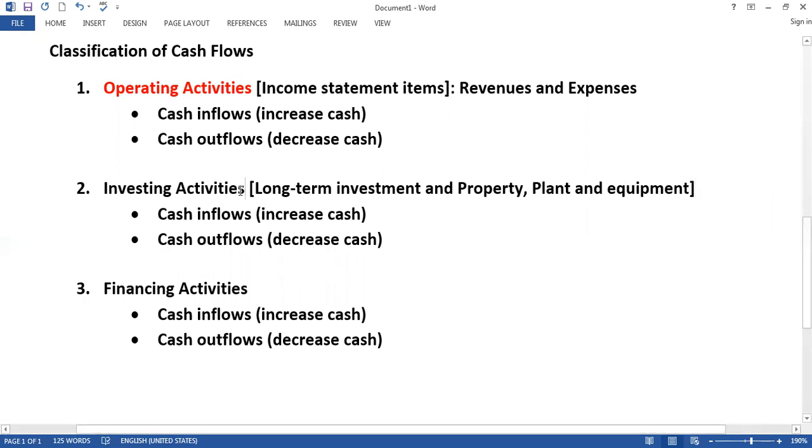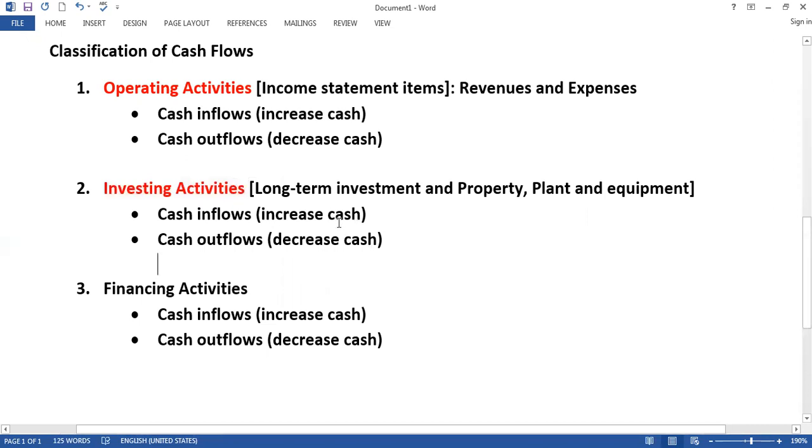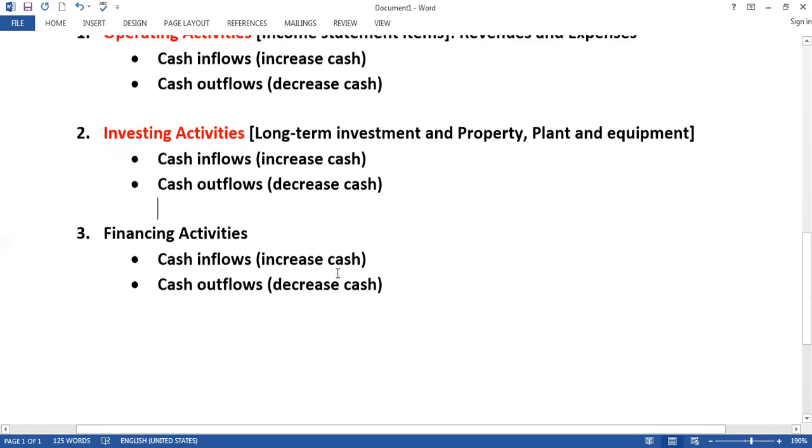So these are the examples of investing activities. So investing activities are related with long-term investments and property, plant and equipment. Then what are the financing activities? They are called long-term liabilities and stockholders' equity.